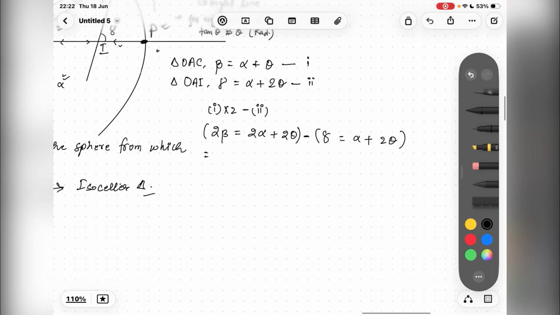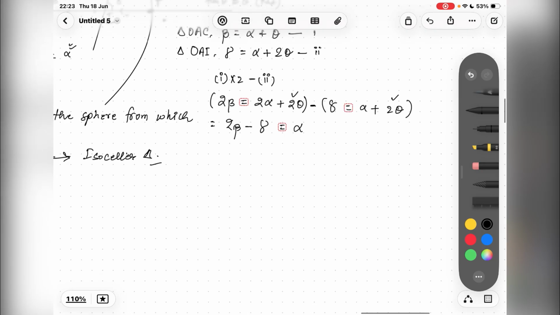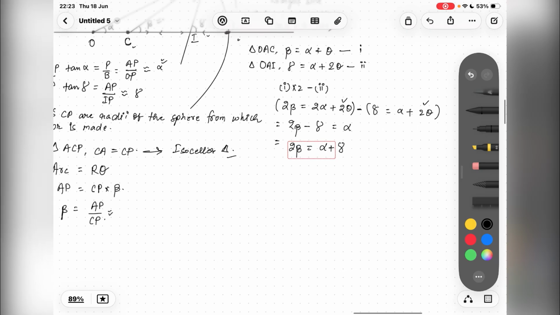This will give us 2 beta minus gamma equals alpha. So we have eliminated theta. This will give us 2 beta is equal to alpha plus gamma.